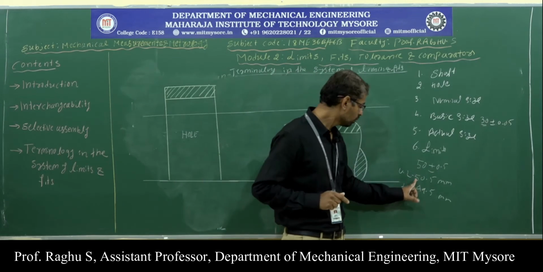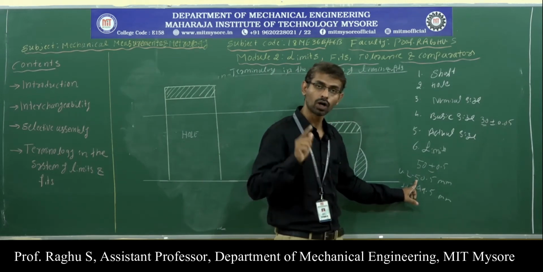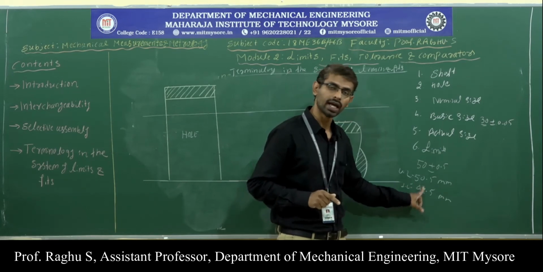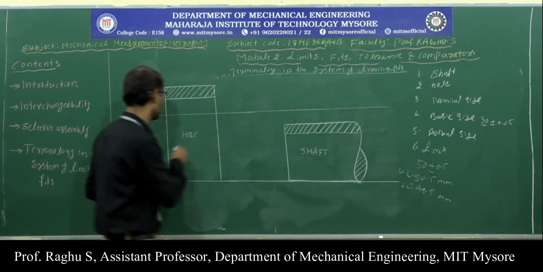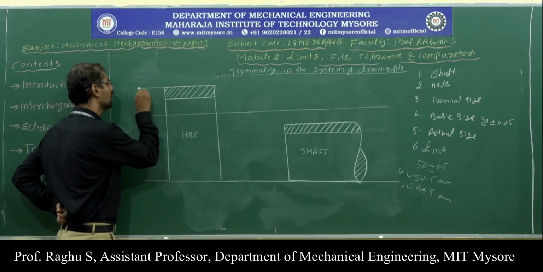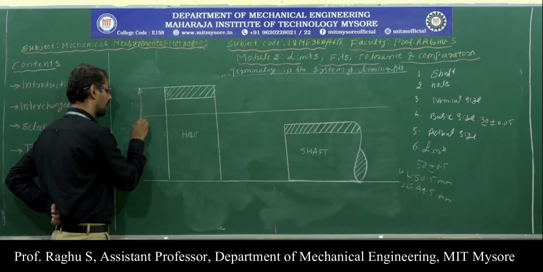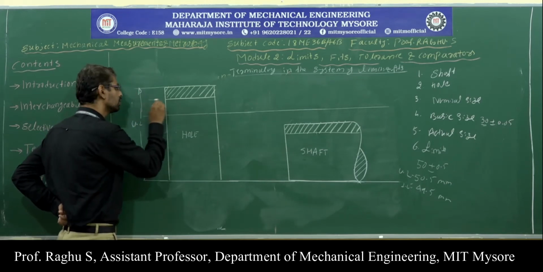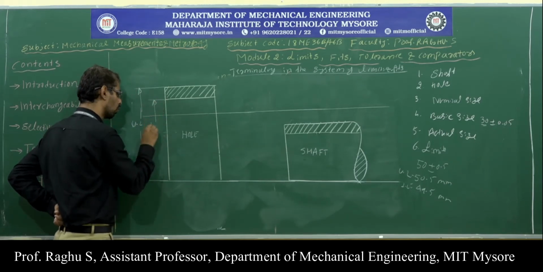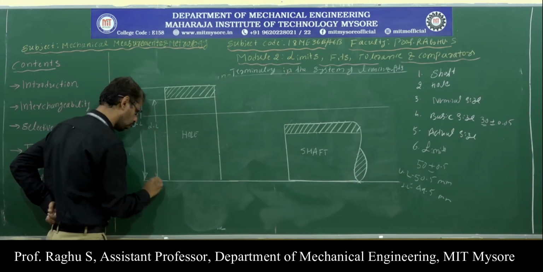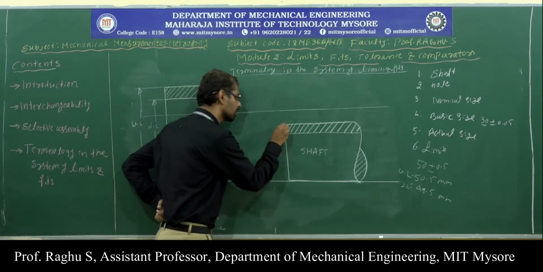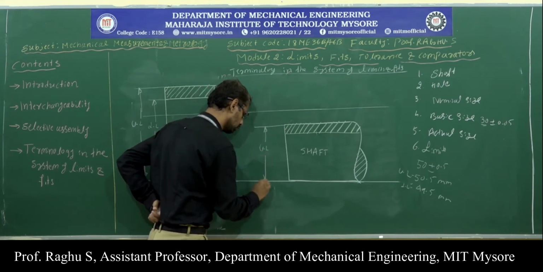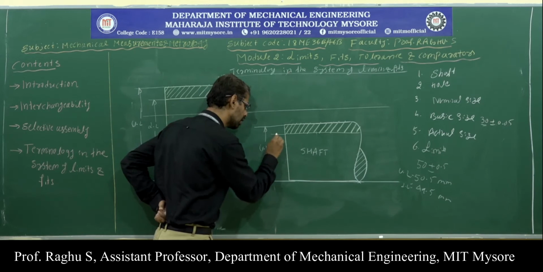Now, the maximum allowable dimension is called the upper limit. The minimum allowable dimension is called the lower limit. Now in this diagram, this is the upper limit of the hole, and this is the lower limit of the hole. For the shaft, this is the upper limit of the shaft and this is the lower limit of the shaft.